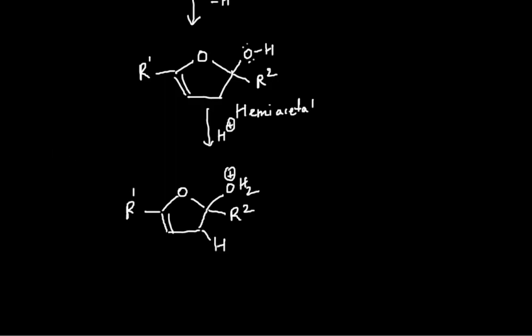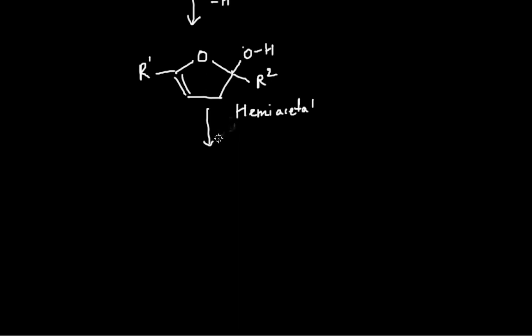The next step is base abstracts this and this OH leaves, or of course there is no base here. Instead of the protonation step here, maybe a simple condensation can also happen here.